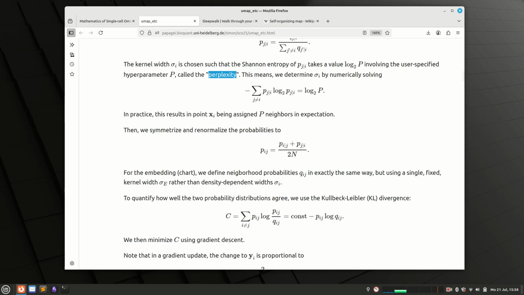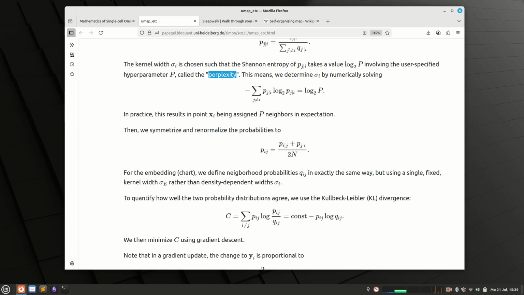Now we want to know how similar the probabilities pij and qij are. Usually, when statisticians want to judge how similar one probability distribution is to another, or how well one approximates another, they use the Kullback-Leibler divergence. This is some kind of entropy, which is crossing. You see, it's Pij log Pij, that would be the usual entropy of P, minus Pij log Qij.